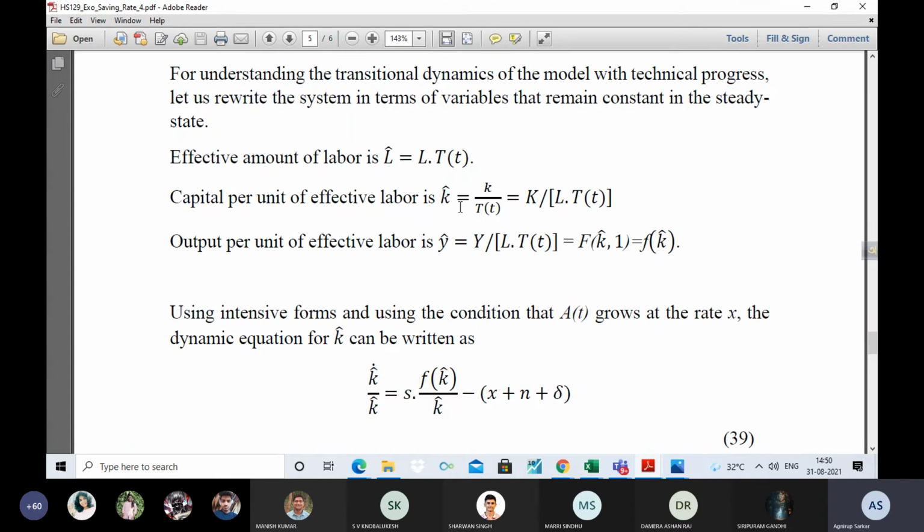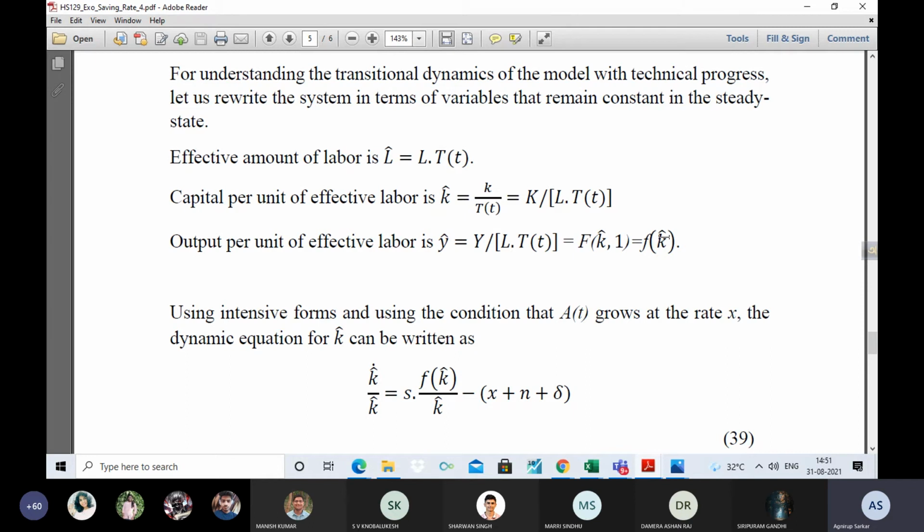Output per unit of effective labor is exclusively a function of capital per unit of effective labor. This is a very neat result. Now there's a one-to-one correspondence between output per unit of effective labor and capital per unit of effective labor.